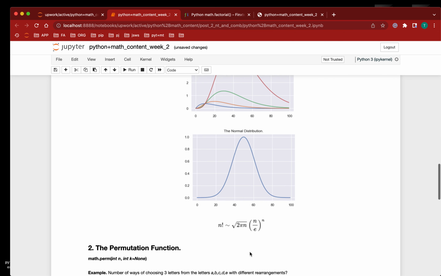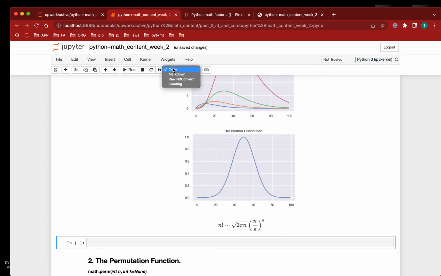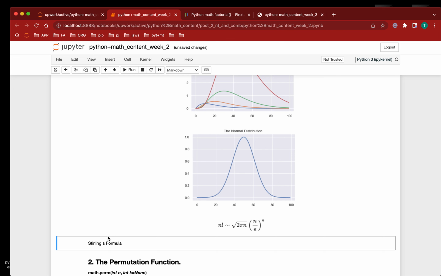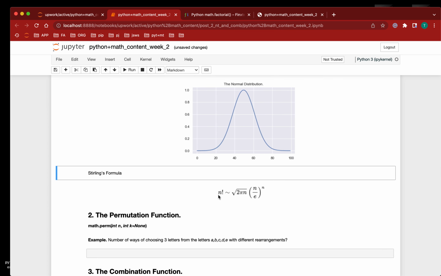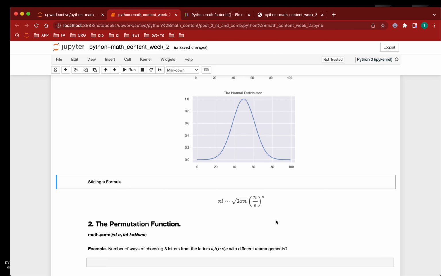To answer this question, there's a formula called Stirling's formula, which is this formula down here. The squiggle is called the asymptotic notation, which means if you take the ratio of the two sides and take n to infinity, the ratio goes to 1, where limit is in the sense of calculus.